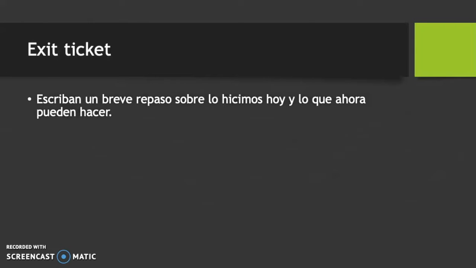And normally at the end of the lesson, I have them write or reflect on what was done in the classroom, and what they feel or know they are able to do now that they've been using the language and engaging in these types of activities, gaining confidence in the use of the language.